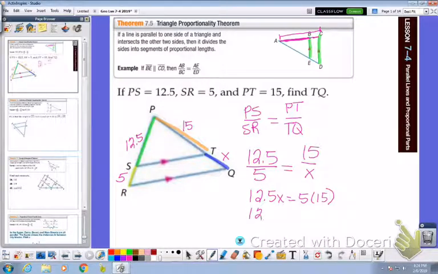So 12.5x is equal to 75. Divide by 12.5, and x equals 6. So therefore, TQ is equal to 6. So, a different way to write a proportion than we've used in the past.